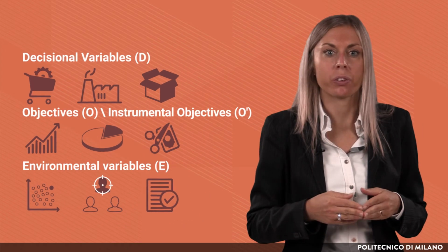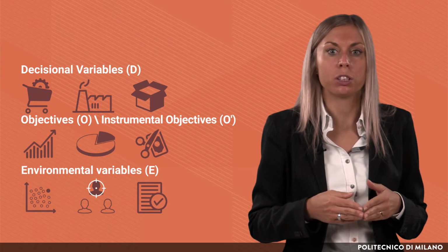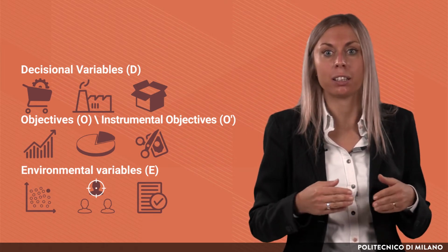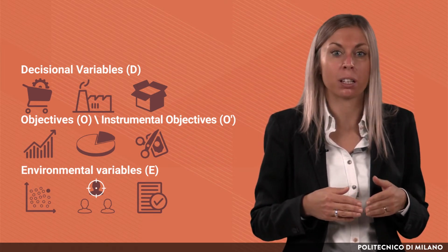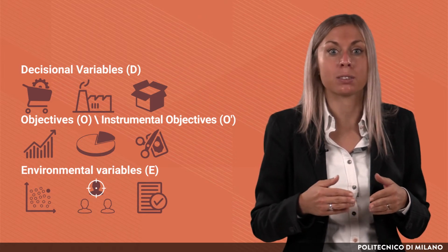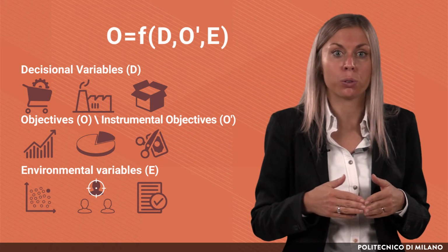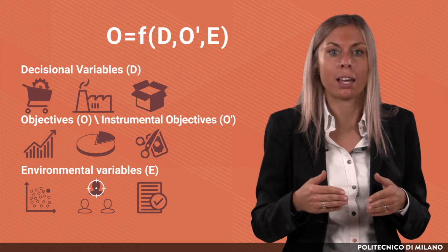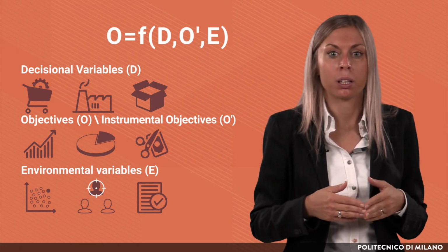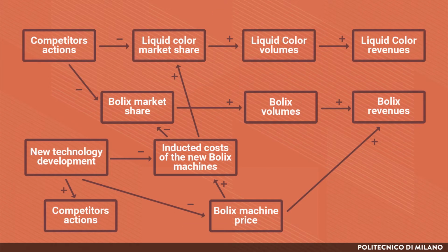A typical representation of a model is the combination of these variables and illustrates that the achievement of endogenous variables is depending on decisions, external environment, and of course instrumental objectives, as represented in the formula. The typical tool adopted to represent a model is the causal map.